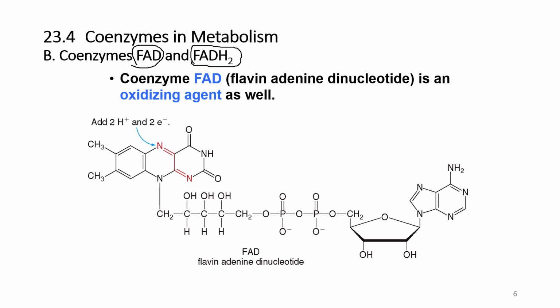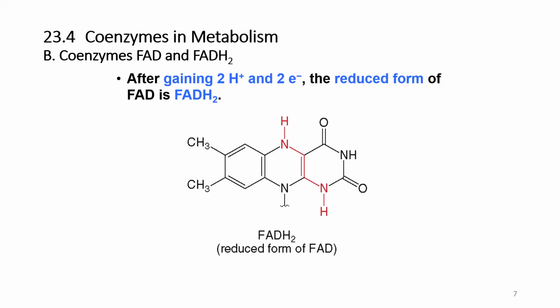We're going to have 2 regions of reduction here that you'll see in the next slide. Both of these nitrogens lose a double bond and form a bond with a hydrogen. So after gaining 2 protons and 2 electrons, this is FADH2, the reduced form of FAD.